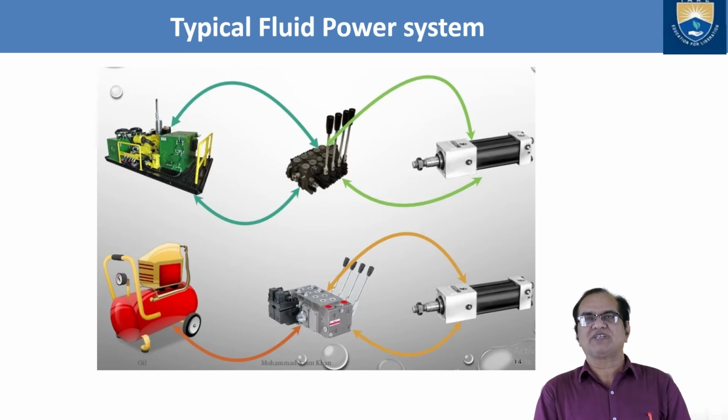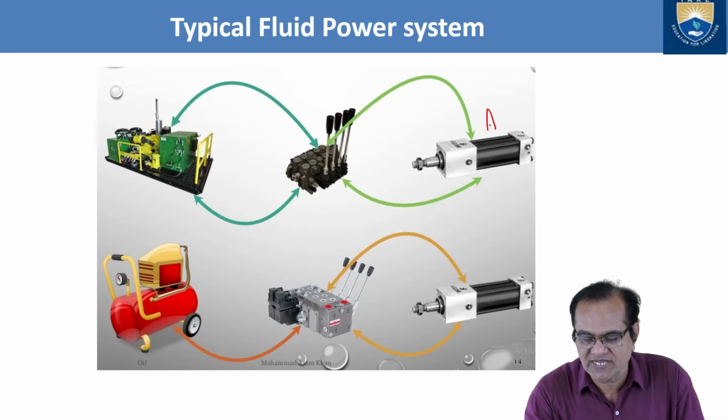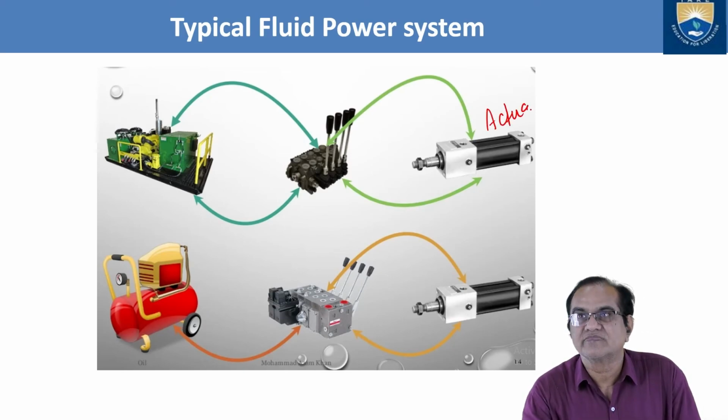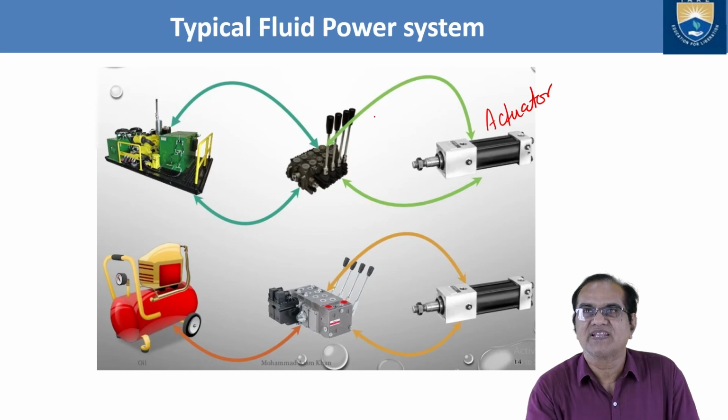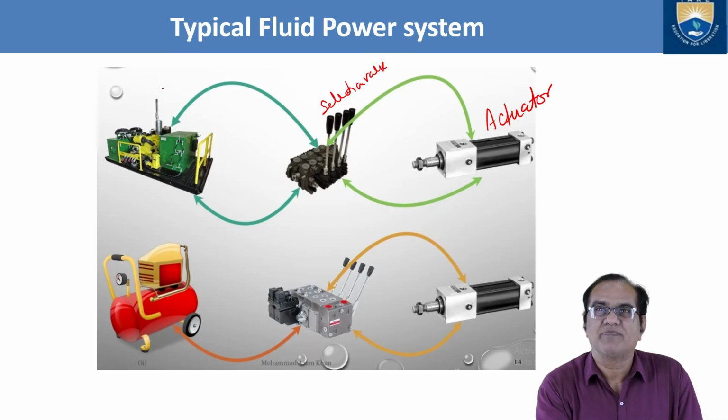A typical fluid power system is shown here. This you can see is the actuator. This is the selection valve. And here is the pump.